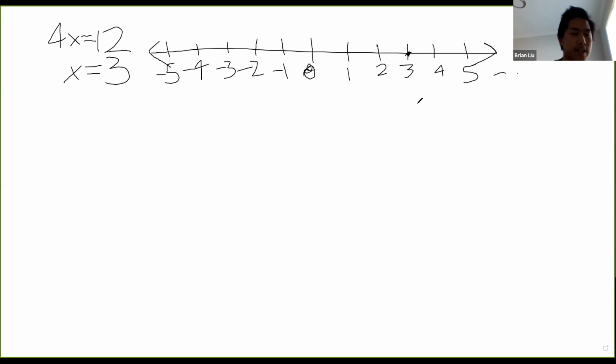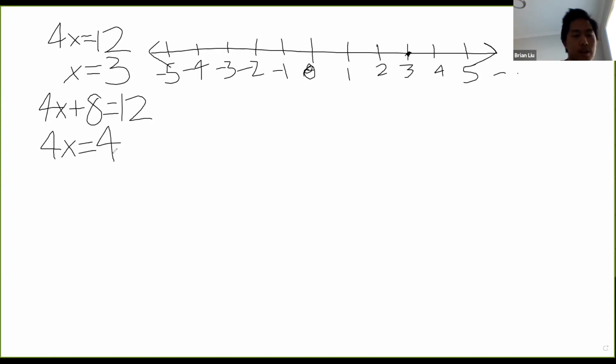Now, if we have something like 4x plus 8 equals 12, that just becomes 4x equals 4, and then x just becomes x equals 1, and so that would be this point.